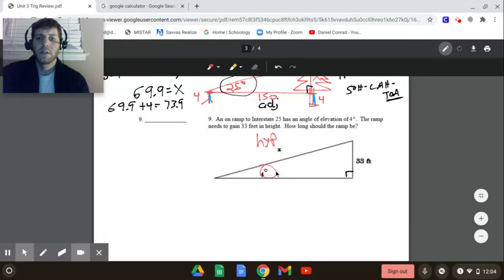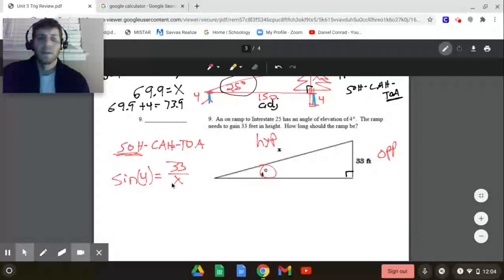Circle the angle in question. Across is going to be your opposite. If we're looking at SOHCAHTOA, we have opposite and hypotenuse, so that's going to be sine. Sine of 4 degrees is opposite 33 over x. Then we just solve for x.